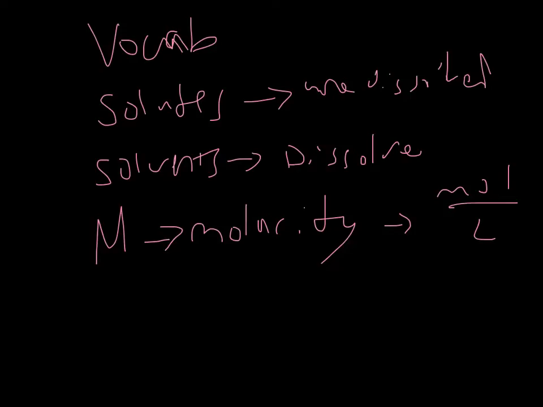It means the maximum amount of a solute is dissolved in the solvent. An unsaturated solution, which you might be able to guess, is when less than the maximum amount is dissolved in a solution. So finally, you get one that's kind of a little weird. It's called supersaturated. This is when there's more than the normal amount.